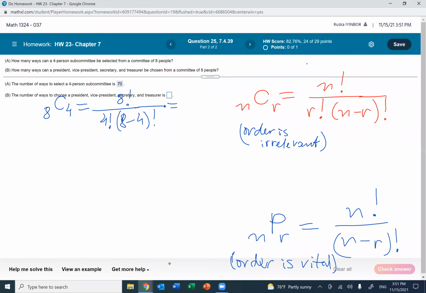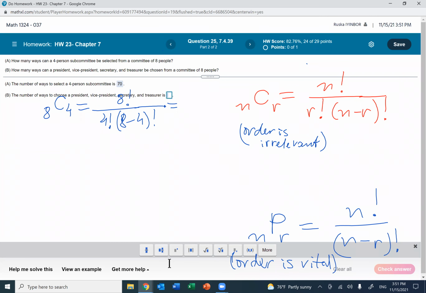And then the next one is to choose the president, vice president, secretary, and treasurer. Here it's also 4 out of 8, but here the order is important. So in that case, you're going to use permutation. You're using the other formula: 8 factorial over 8 minus 4 factorial.